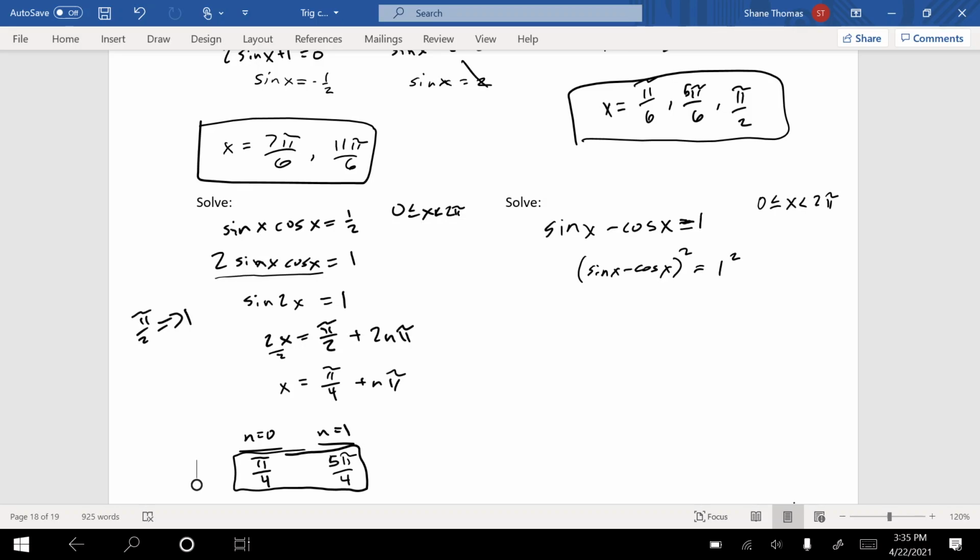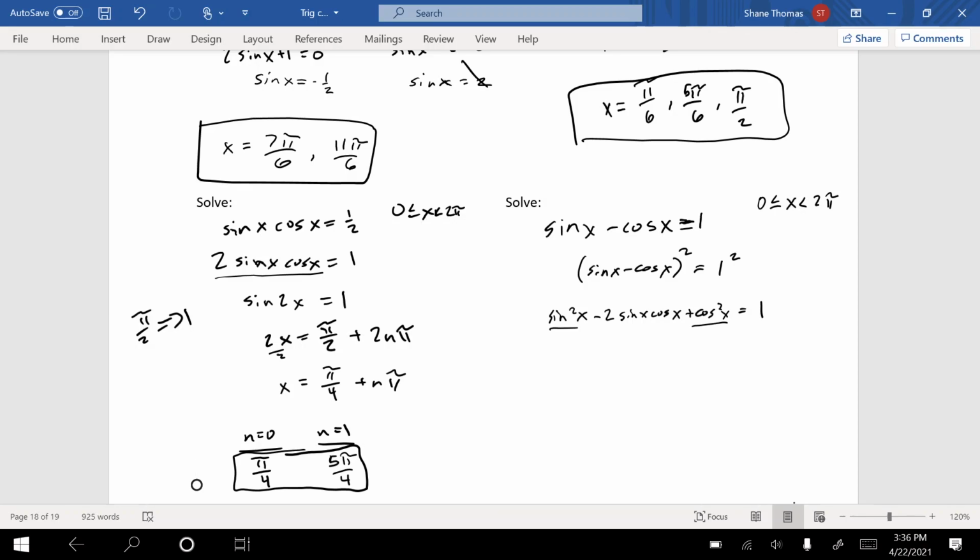So now, if I expand this out, square the first term, multiply the two together times 2, square the last term. That would be what I would FOIL to. So now I have sine squared of x and cosine squared of x.